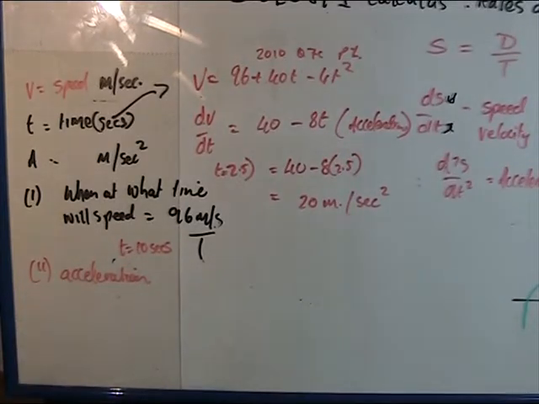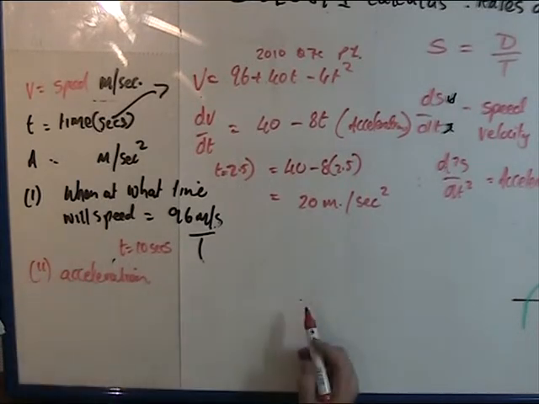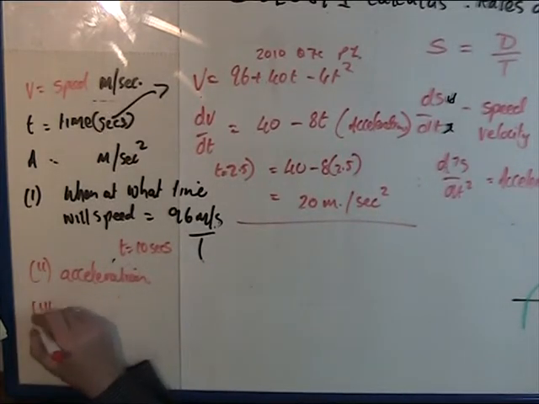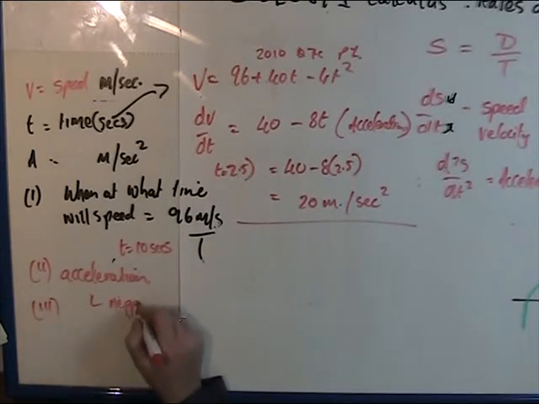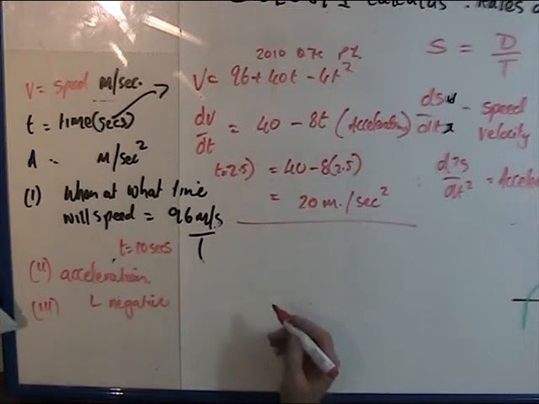The next part, part 3, is: at what value of t will the acceleration become negative? So when is it going to become negative?